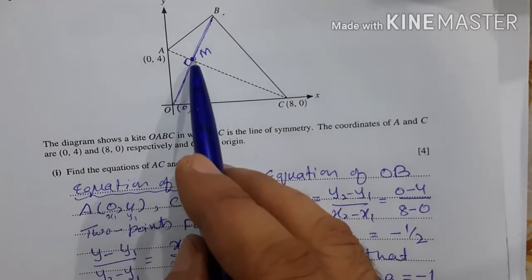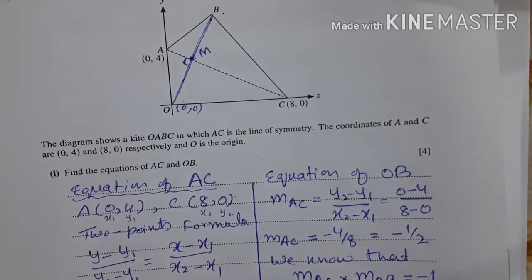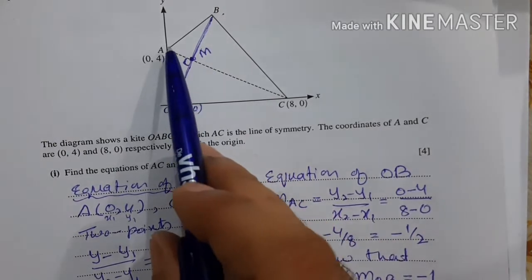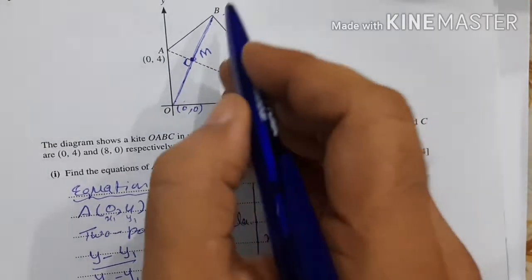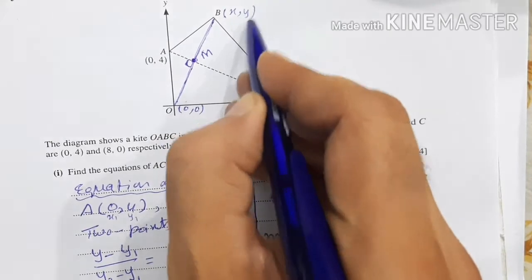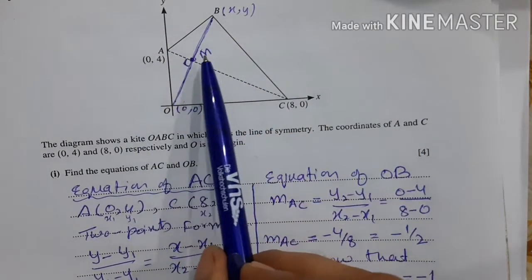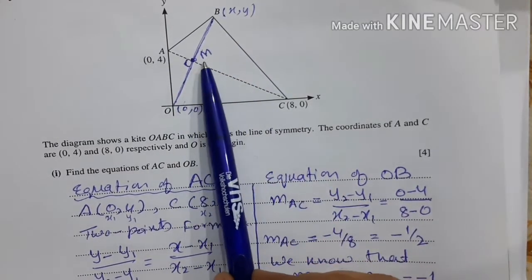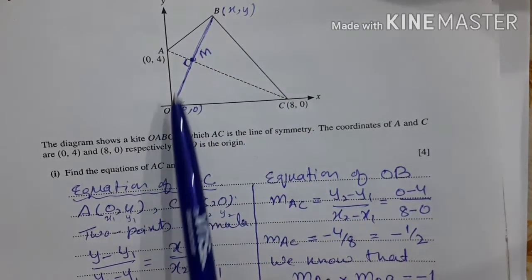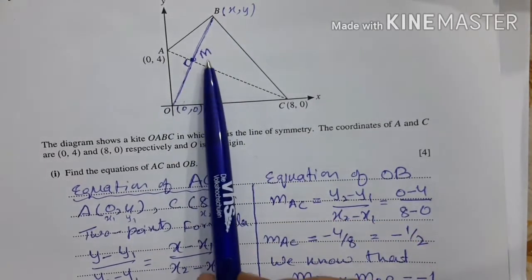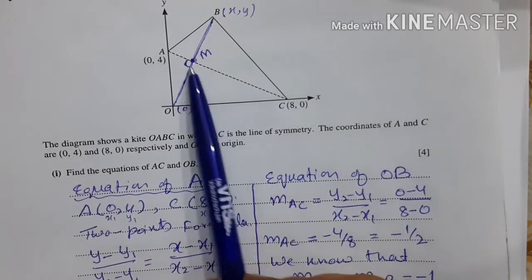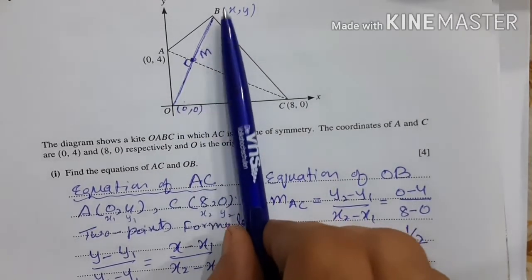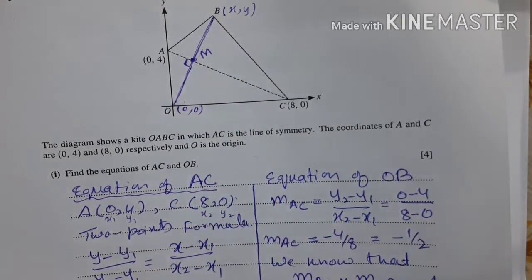So I'll use the midpoint formula for OB. Let's suppose B's coordinates are x and y. Number 1, M is the midpoint of OB, and number 2, M is the point of intersection of AC and OB as well. So we'll use these two concepts to find the values of the coordinates of B.